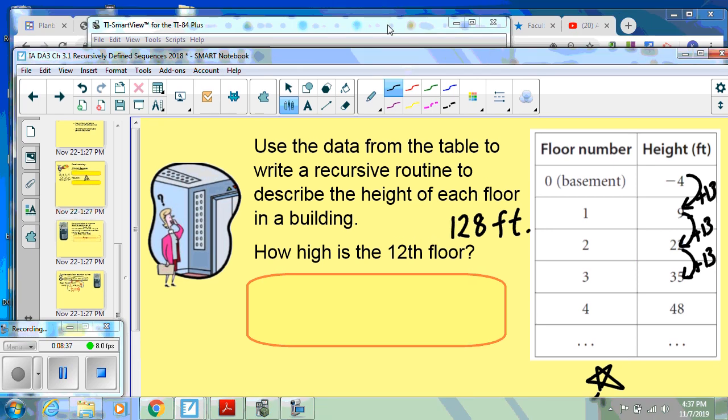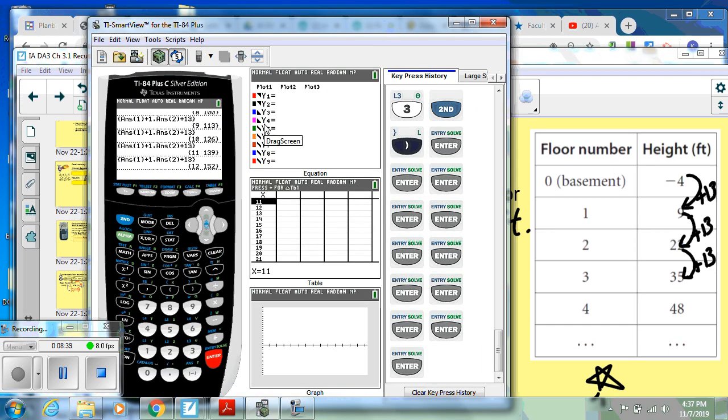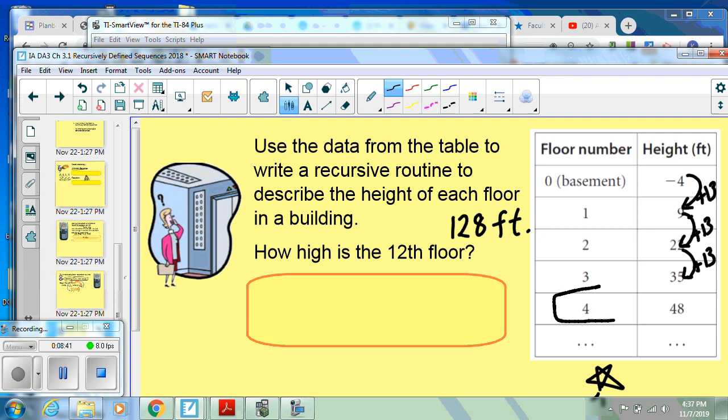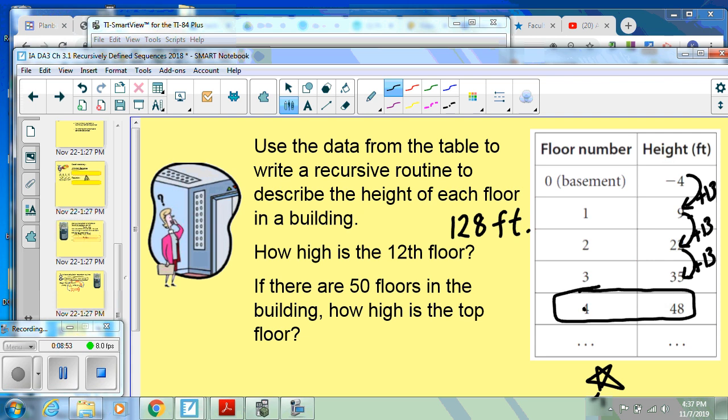Now, you could have made that go a little bit faster if you want to start here on your calculator and have your initial number be 4 and your initial value be 48, and then just enter in the same rule. You won't have to hit enter quite as much. So here's where it gets a little tedious.